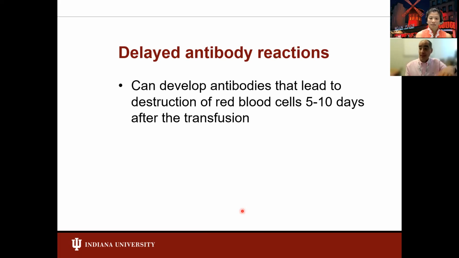When they get exposed to that blood, that reawakens that part of the immune system. It takes about 5 to 10 days, but then they'll start making antibodies, which will start destroying those blood cells that have been transfused. So that's a delayed reaction. Somebody might do well after a transfusion, but then 7 days later, all of a sudden they'll start breaking down those red blood cells. So that is one of the things that can happen.